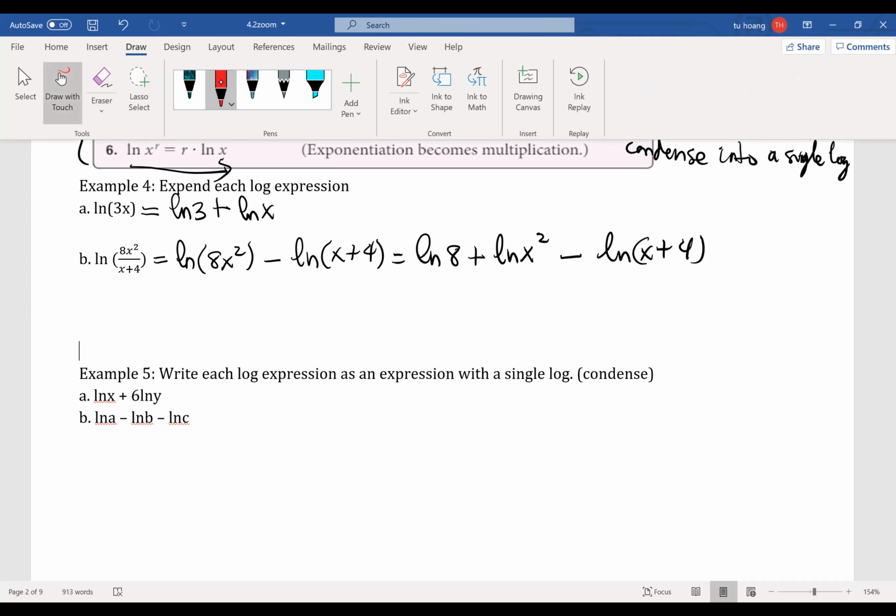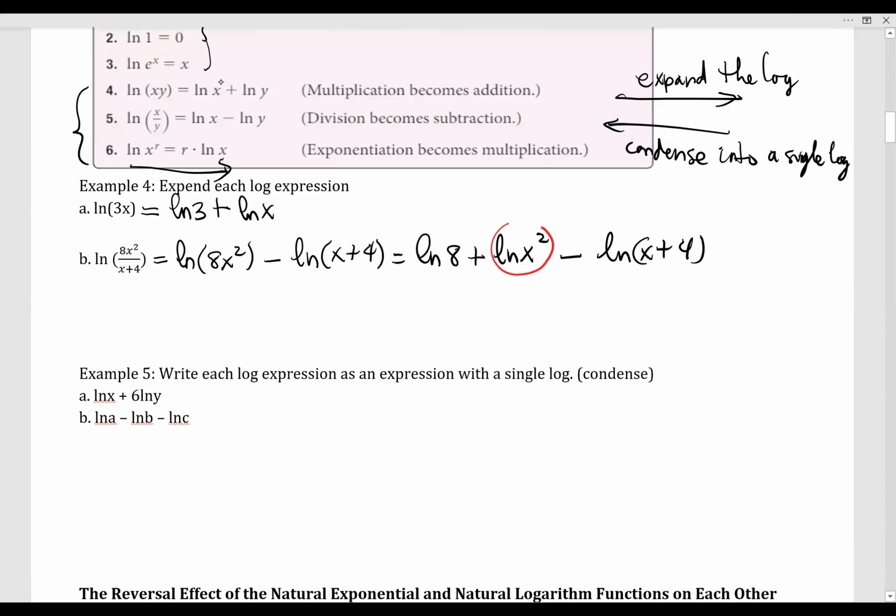Let me change the color a little bit. In here you see that there is one natural log that has an argument with a power. So I'm going to think about the sixth property, which has an exponent inside of the argument.